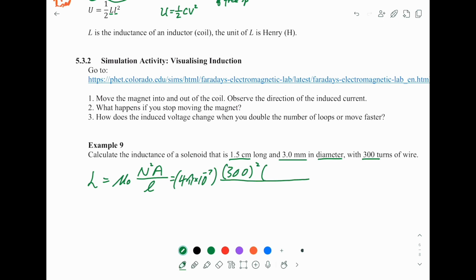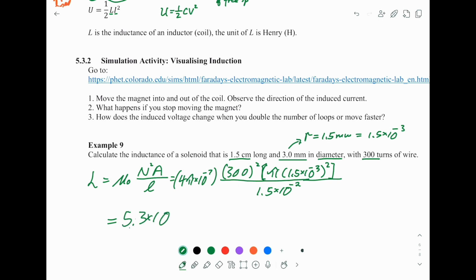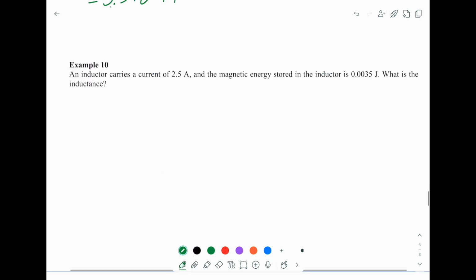Now this is diameter, so the radius is 1.5 millimeter, which means 1.5 times 10 to the minus 3. So it's pi R squared. The length is 1.5 times 10 to the minus 2. They're all in meters. So the value becomes 5.3 times 10 to the minus 5 Henry.